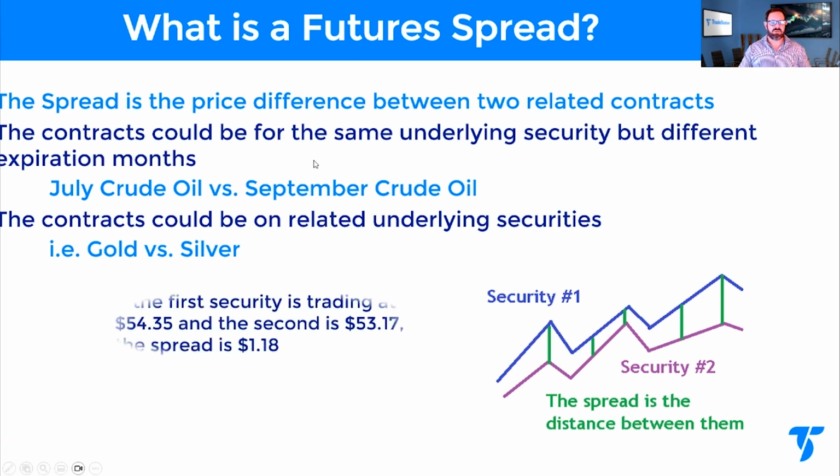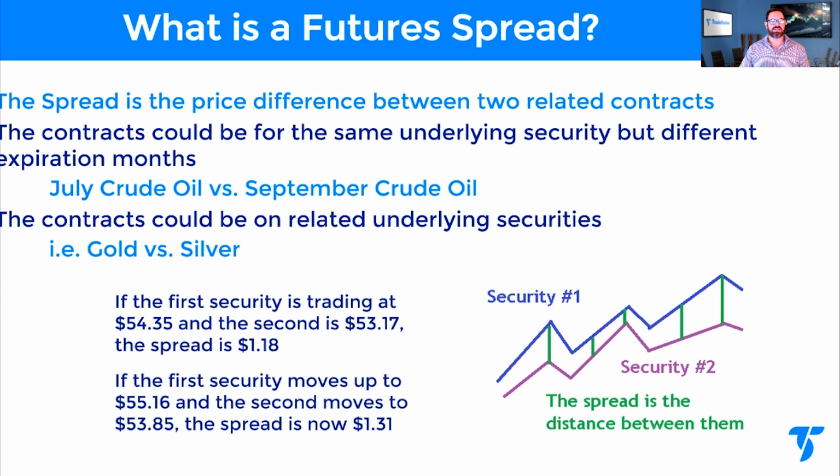So imagine that the first security is trading at $54.35. The second is traded at $53.17. The spread is simply the price difference between those two. In this case, $1.18 difference between $54.35 and $53.17. That's the spread. Well, if you bought that spread, what would happen potentially is if the first security moves up to $55.16, the second security might have also moved up, but not as much.